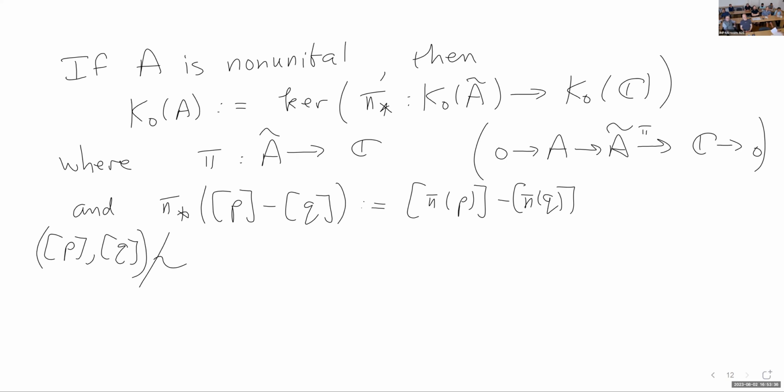And this is a relative notion of K theory relative to the unitization. This comes from topology. K theory of a locally compact space is defined relative to the one-point compactification. And then I would say that K0 inherits the properties of the functor.